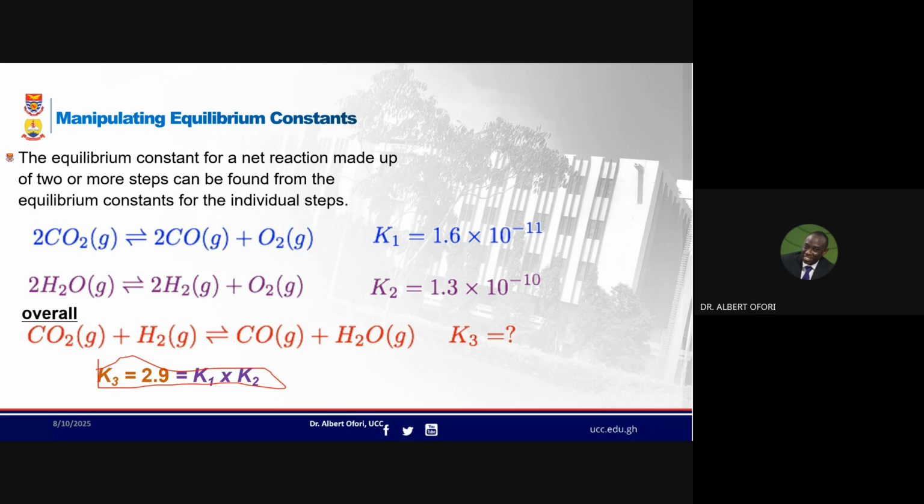When I sum equations together, the new K is the individual K's multiplied together. So three relationships. Keep them in mind.